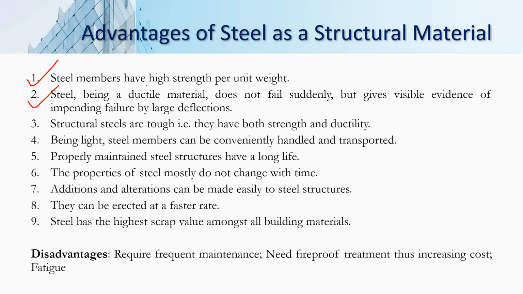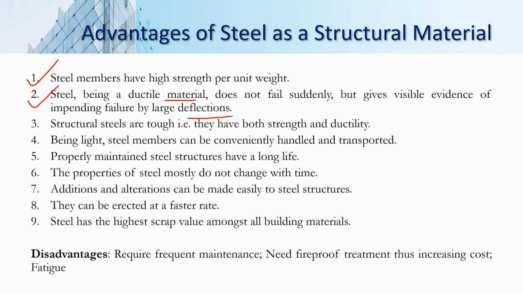Similarly, steel being a ductile material does not fail suddenly but gives visible evidence of impending failure by large deflection. This ductile nature of structural steel means that they yield locally at points of high stress concentration. There won't be any direct failure of the whole building or structure, but they will yield at certain locations at which the stress concentration is very high.